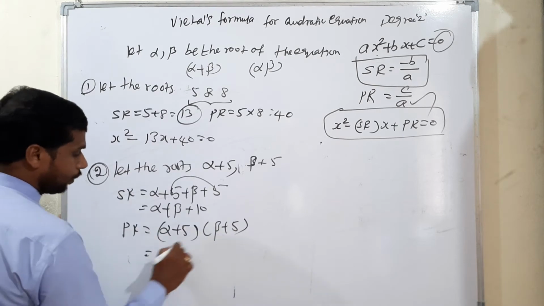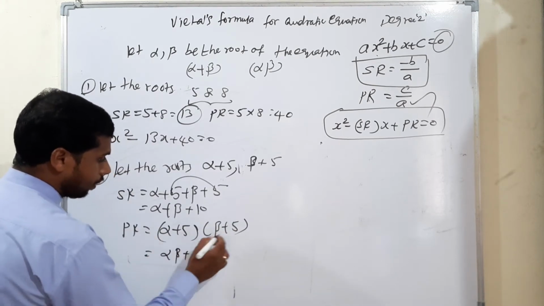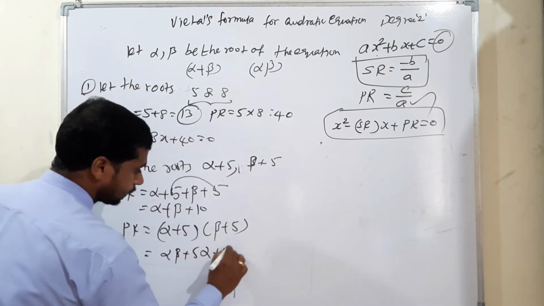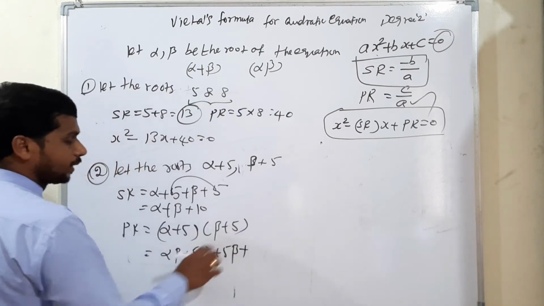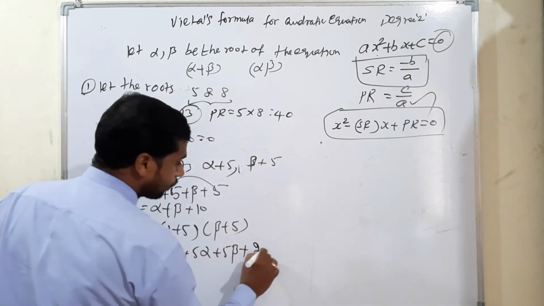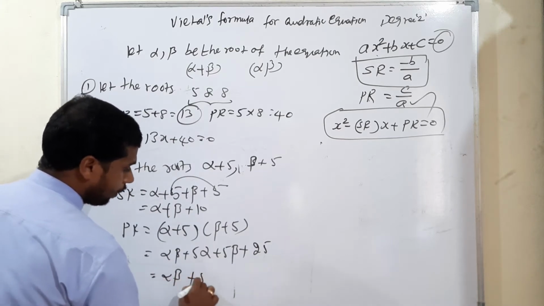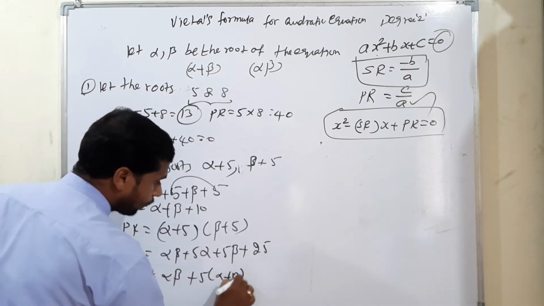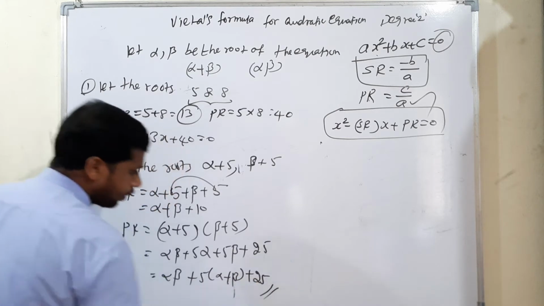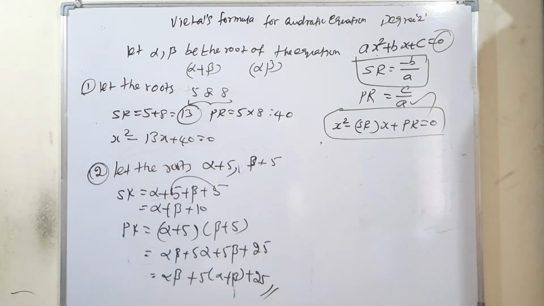Multiply now: alpha into beta, alpha beta, again 5 alpha plus 5 beta, constant 5 into 5 is equal to 25. Therefore, the product of the roots is alpha beta, again 5 take common outside, means alpha plus beta, then 25. This is the basic form, sum of the roots and product of the roots.